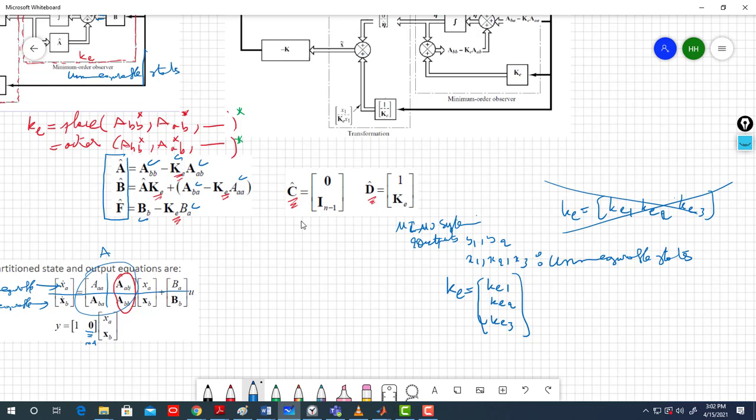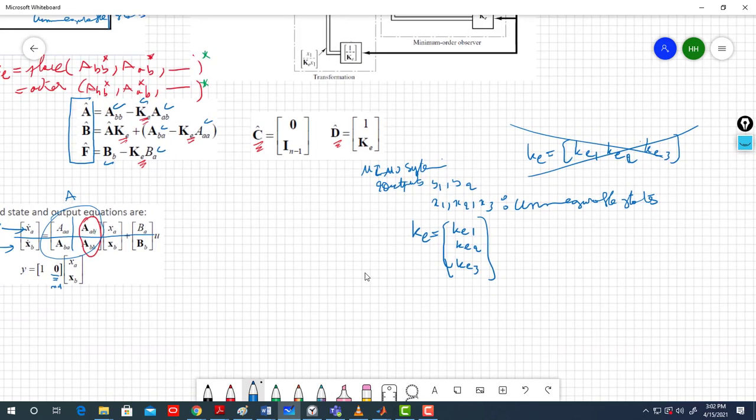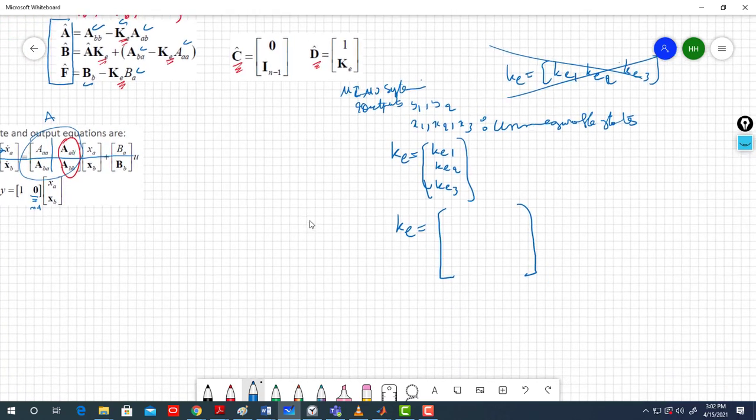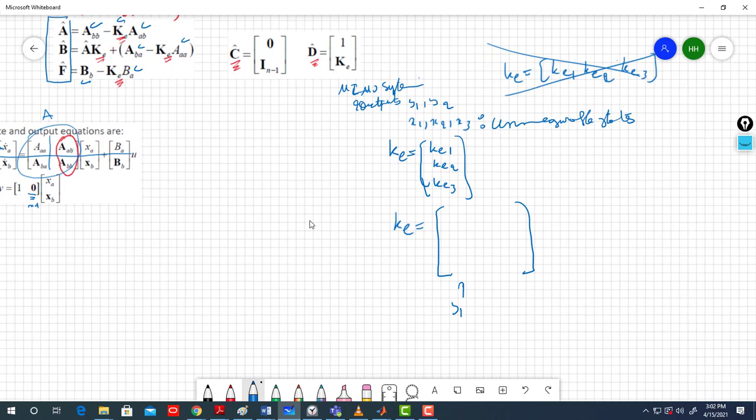Well, in this particular case where you have two outputs, KE will be a matrix in which you have three states and two outputs, one column for y1 and another column for y2, and KE11, KE12, KE21, KE22, KE31, and KE32. So it's a 3 by 2 matrix. That's your KE for your minimum order observer.